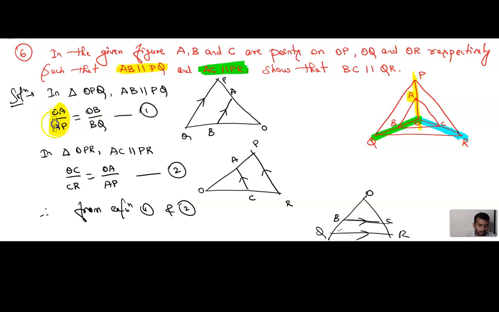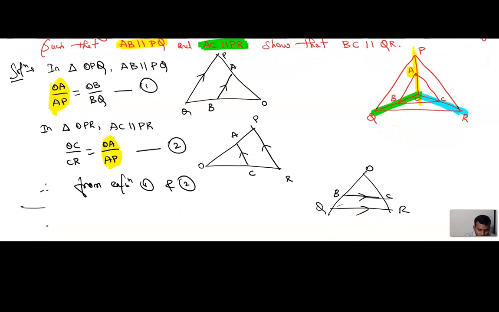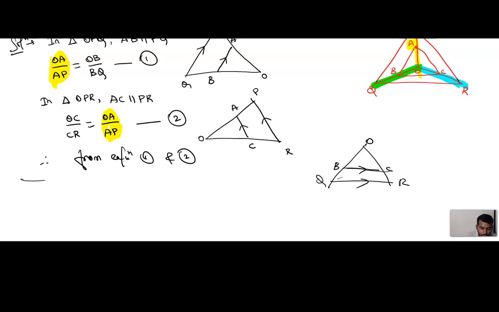OA by AP, OA by AP, right? Both are equal. Then the other sides are also equal. What are the other sides? OB by BQ is equal to OC by CR.